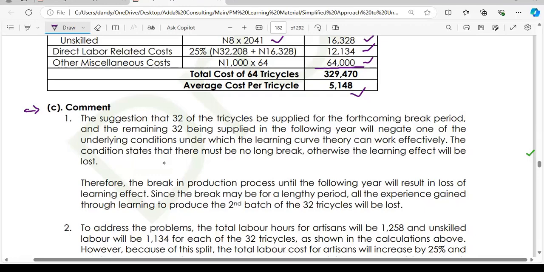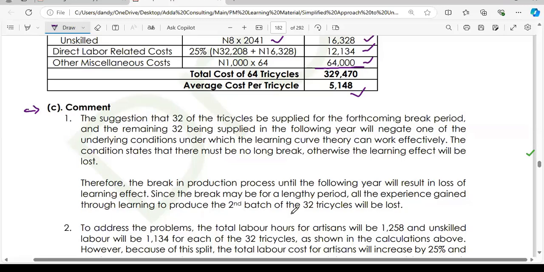The condition states that there must be no break, there must be no long break. Otherwise, the learning effect will be lost. Therefore, the break in production until the following year will result in loss of learning effects. Since the break may be for a lengthy period, all the experience gained through learning to produce the first batch of 32 tricycles will be lost.